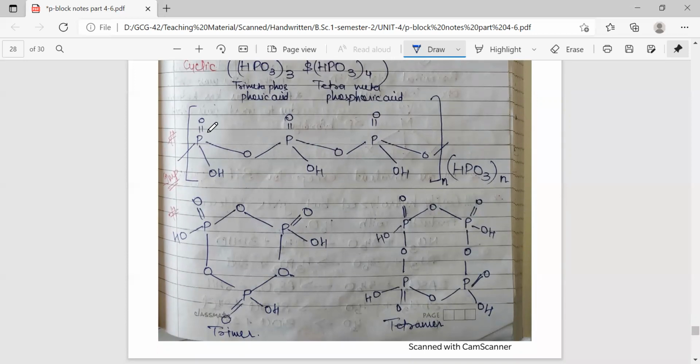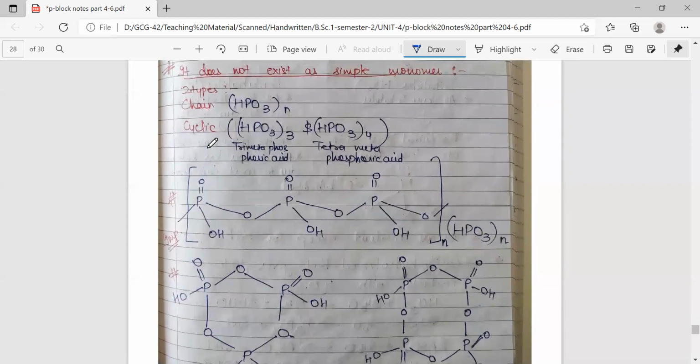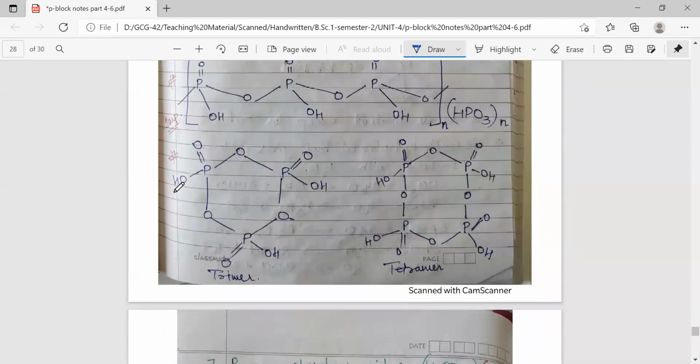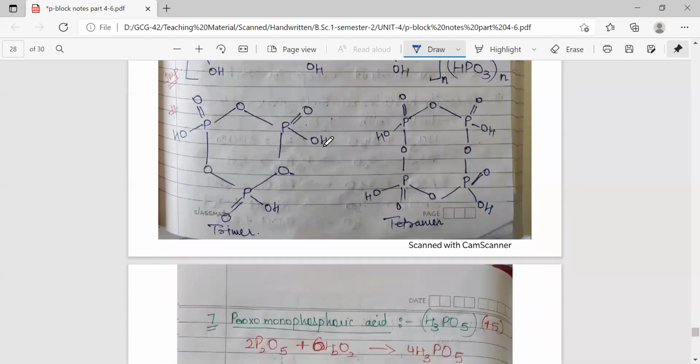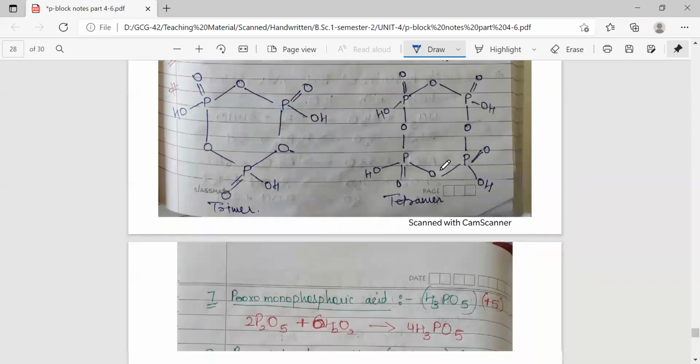Here all phosphorus atoms have one OH group attached, and the rest of the oxygens are bridging along the chain. Here also oxygens are bridging, and each phosphorus has one doubly bonded oxygen and one OH group. So this is how we prepare its tetramer and trimer.